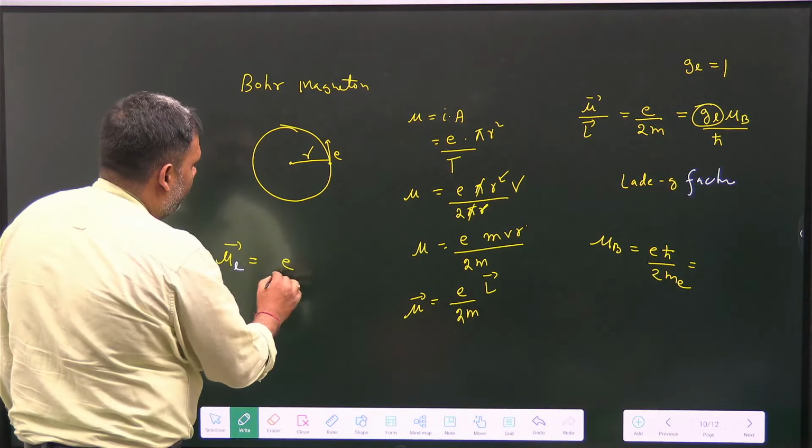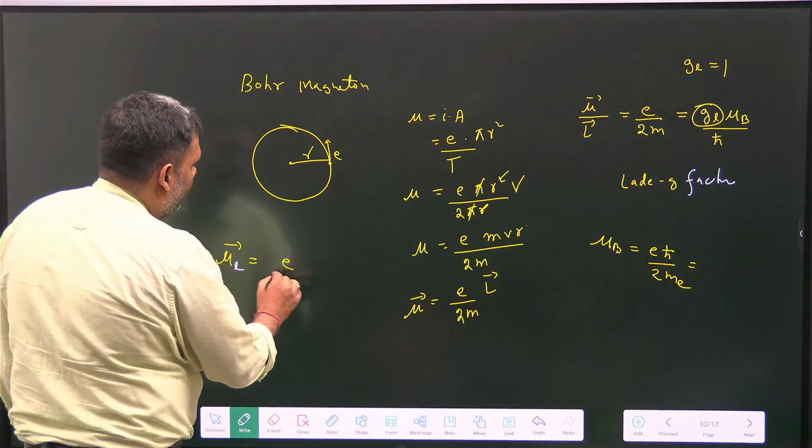Why the negative sign? Because this mu L will be in the opposite direction of L for the electron. The electron has negative charge, so it will be in the opposite direction. So this will be negative, and divided by h cut is also there, okay?